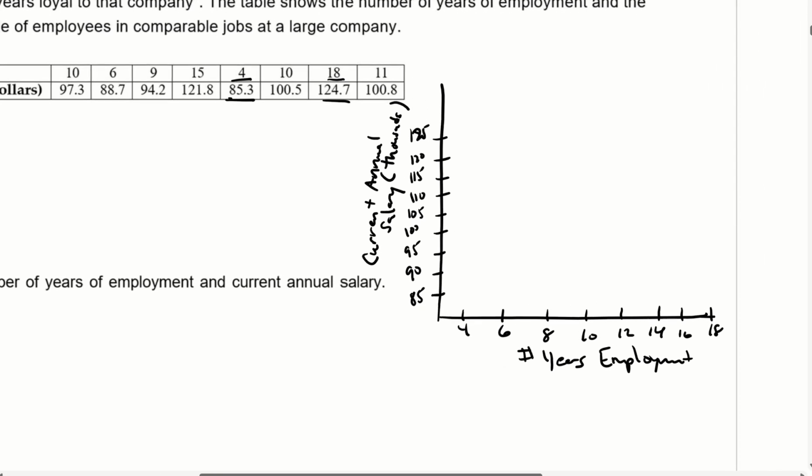So we got 10 and then around 97.3. So 10 and then 97.3, halfway. We got 6 and then 88.7, just close to 89. We got 9 and 94.2, close to 95. We got 15, 121.